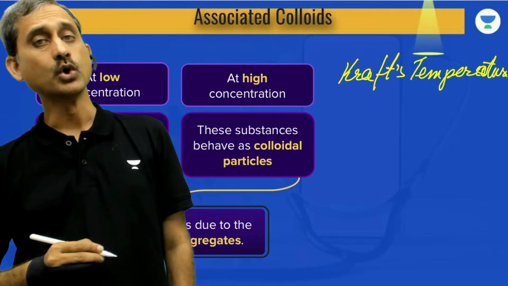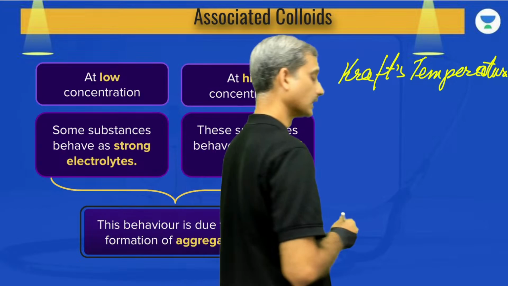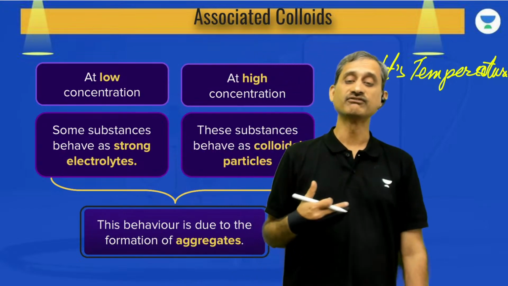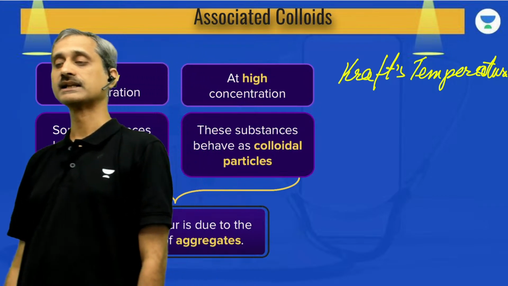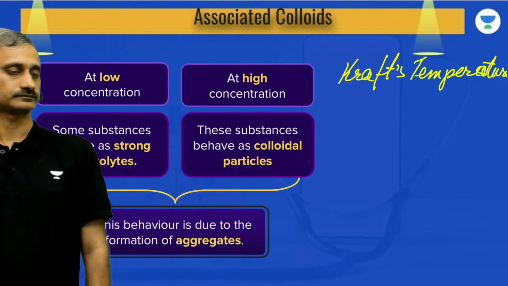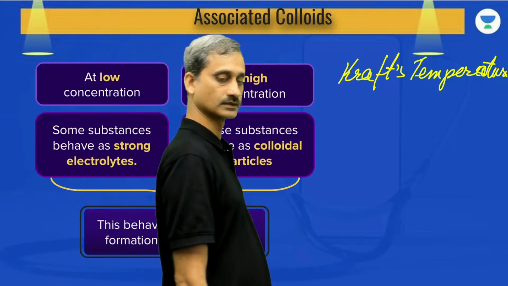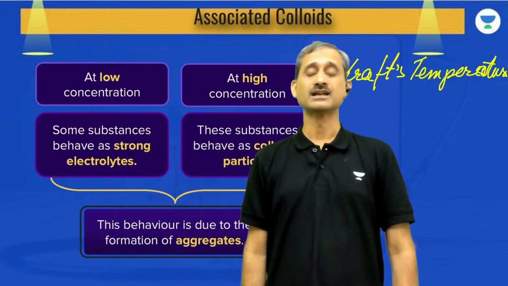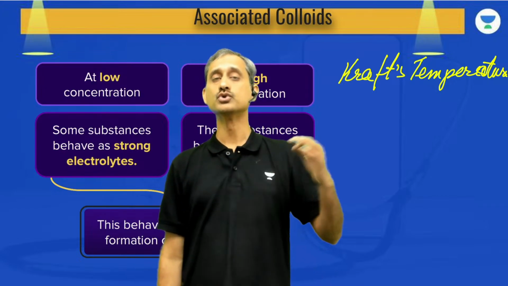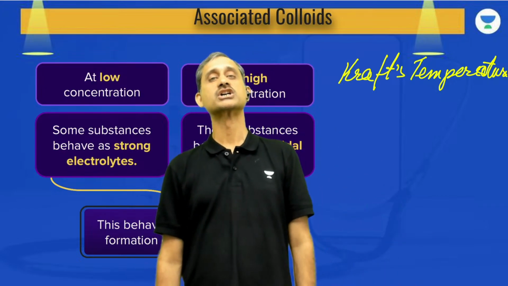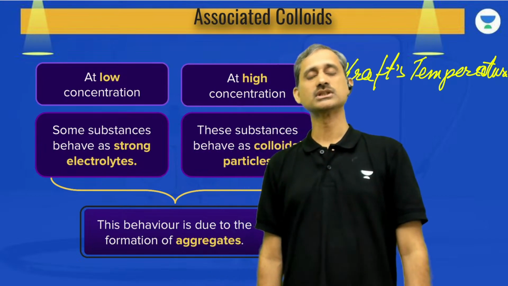The temperature below which the colloid will not be formed, and it will remain a solution, is termed as the Kraft's temperature. Is it clear? And the concentration above which it behaves as a colloid is termed as critical micellization concentration.